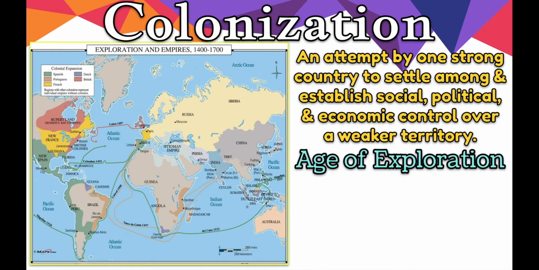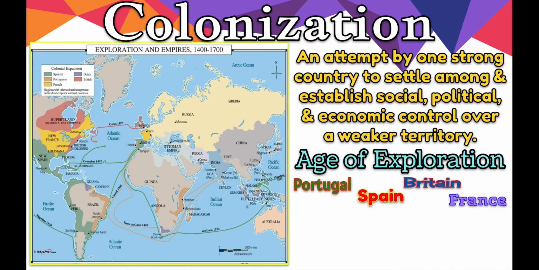You guys know that this is the age of exploration. You're going to spend a good bit of time with this next year in AP World with Coach Glaze, and you know a little bit about this from your social studies backgrounds in middle school. The big countries we're talking about are Portugal, who got started first, Lisbon, go there. The second to show up on the scene of colonization was Spain, followed by the British and the French.